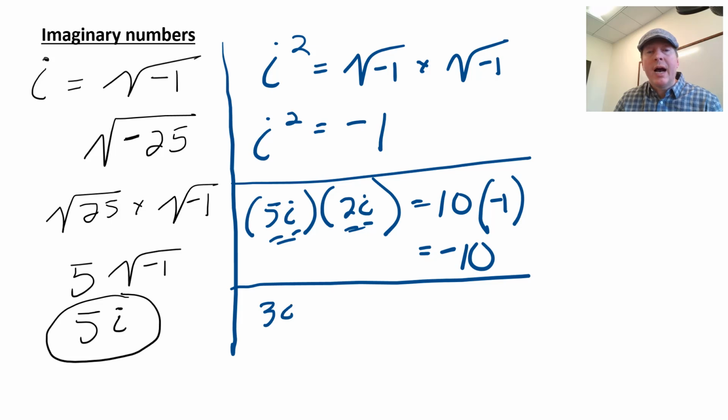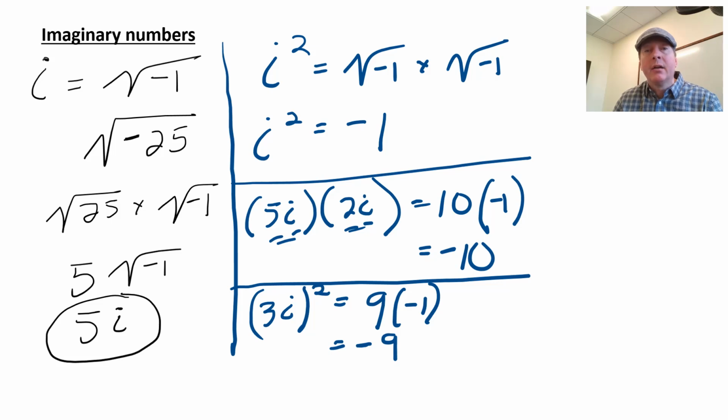Suppose you saw (3i) squared. Well, that means you square the 3, and you also square the i. So 3 squared is 9. i squared, we said, is -1. So (3i) squared is -9.